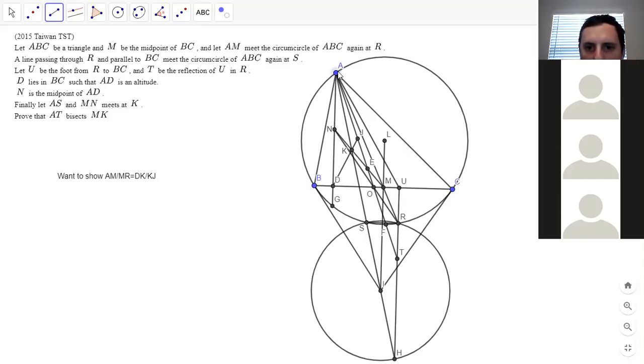So maybe, does DK over DJ equal... so we have M. The thing is, I don't know where J reflects to, so I don't know what the symmetric of J would be.